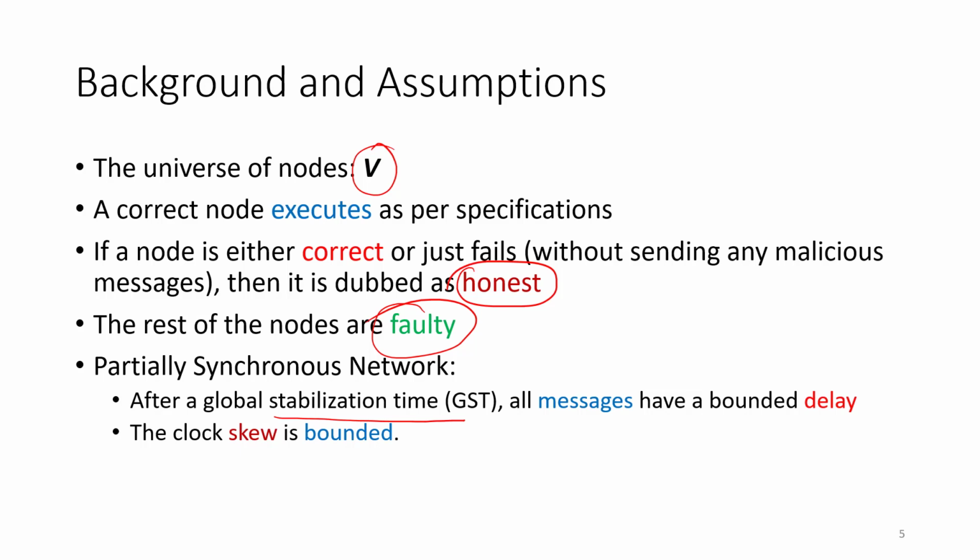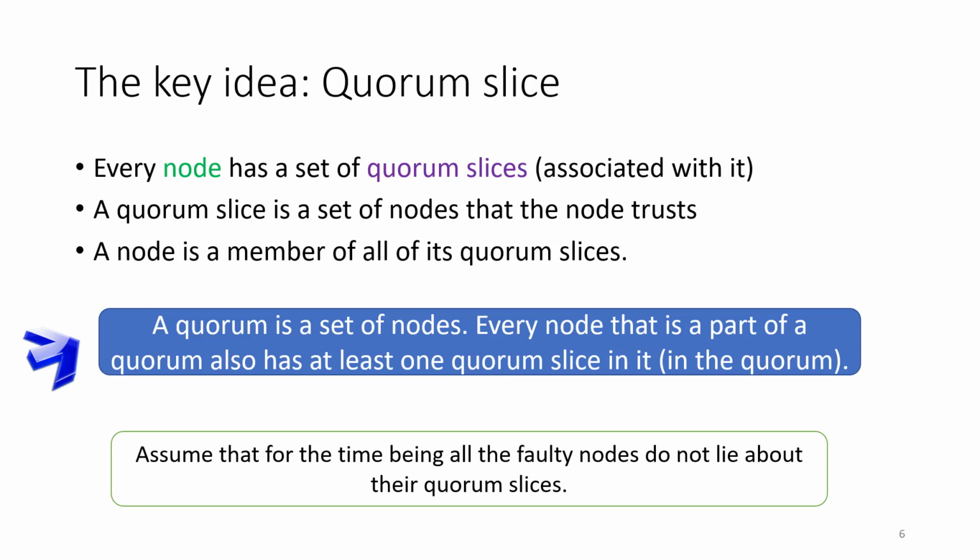All the messages have a bounded amount of delay and the clock skew is bounded, right? So that's important. The messages themselves have a bounded degree of delay, and the clock skew between two clocks is bounded. So this is a partially synchronous network and most practical systems are partially synchronous. So there's nothing to be surprised about this. It's not a wild assumption at all.